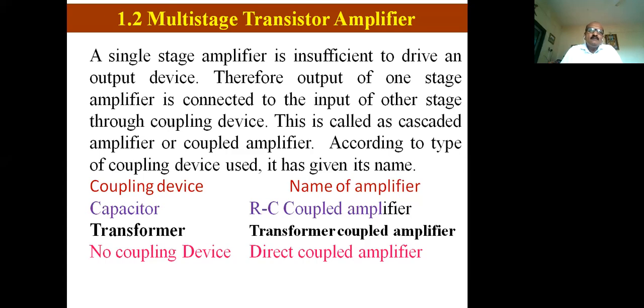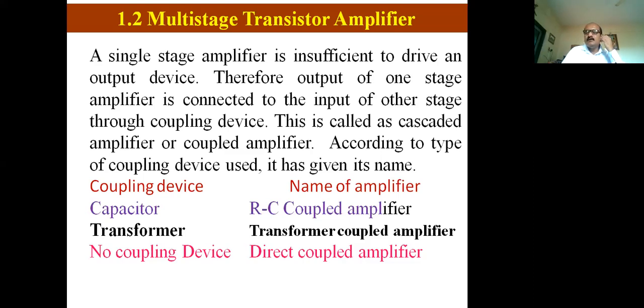When a capacitor is used as a coupling device, the name given is RC coupled amplifier. When a transformer is used as a coupling device, the circuit is called a transformer coupled amplifier.